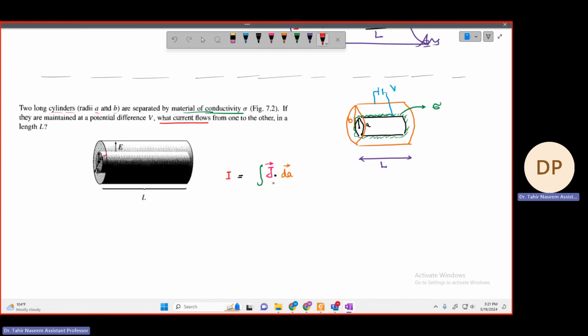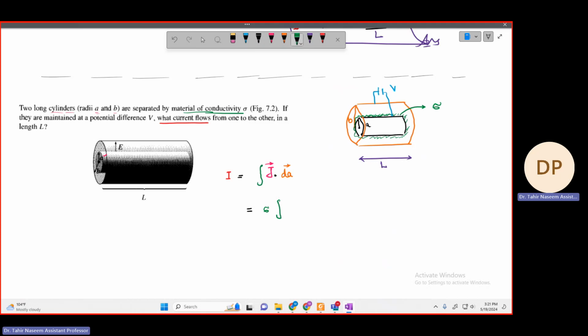But we don't know J, right? If J is known, then we can integrate and get our answer. But the problem is we don't know J. So in order to find J, we can use Ohm's law, which states J is equal to sigma E.